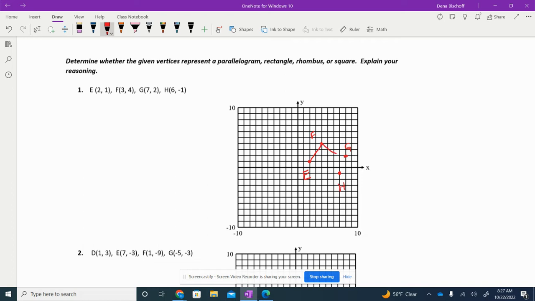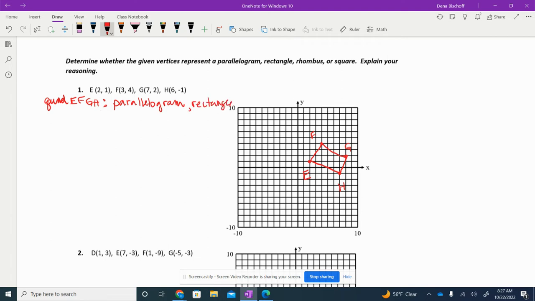Then you connect your points in the order that they were given to you. So this is quadrilateral EFGH. And I believe that quadrilateral EFGH is a parallelogram. And it might be a rectangle.